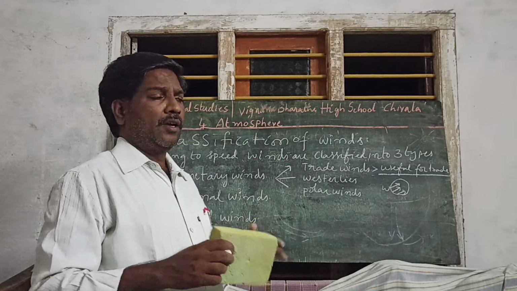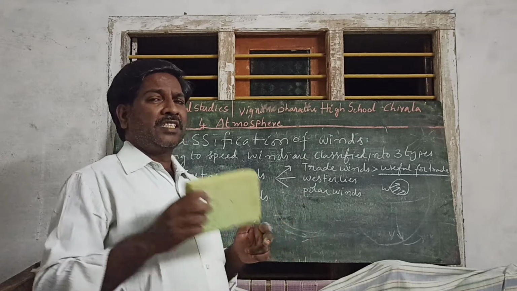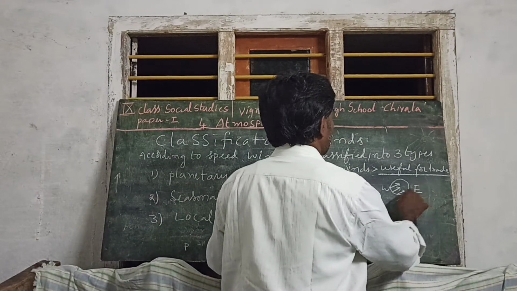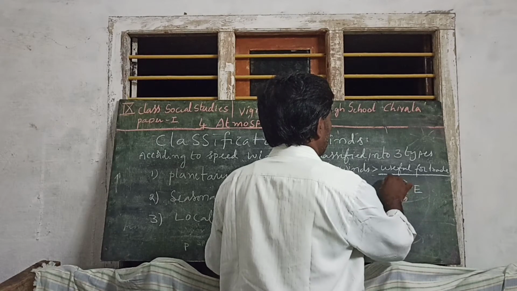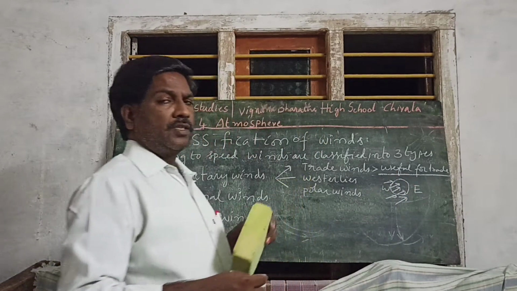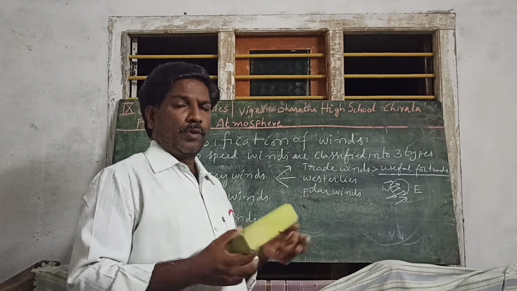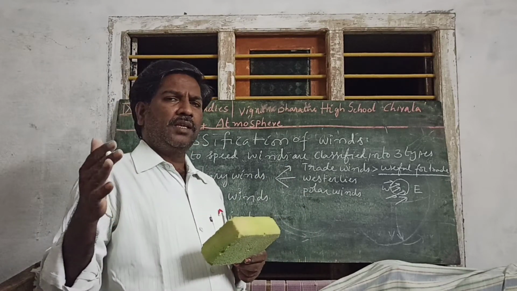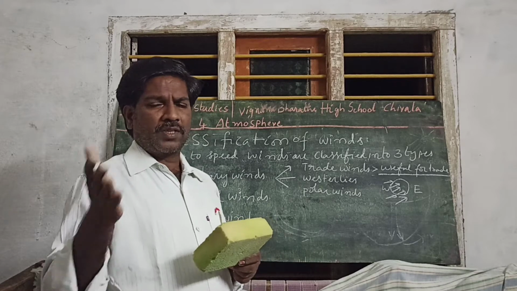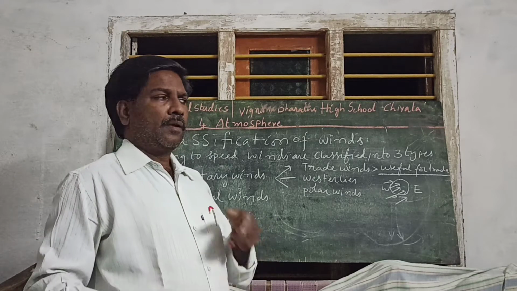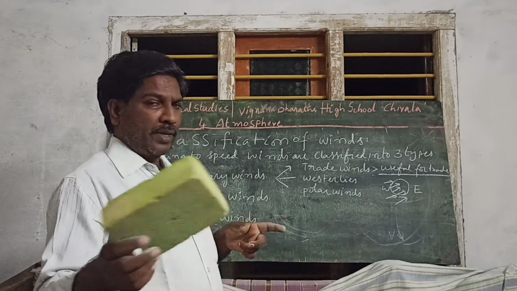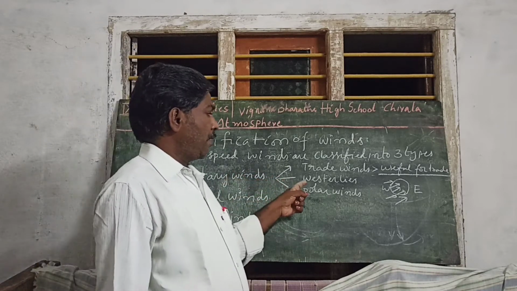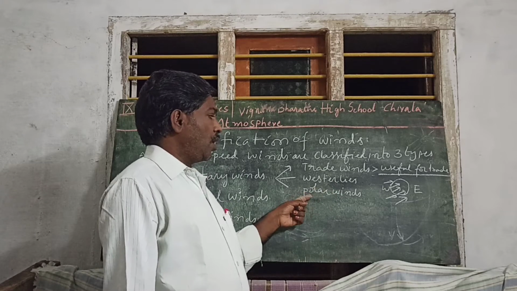Winds blowing from the west direction to the east direction. Such winds are known as westerlies. These winds are blowing in Europe, and not only in Europe, in India the southwest area westerlies, which come generally in monsoon season. And westerlies, after that polar winds.